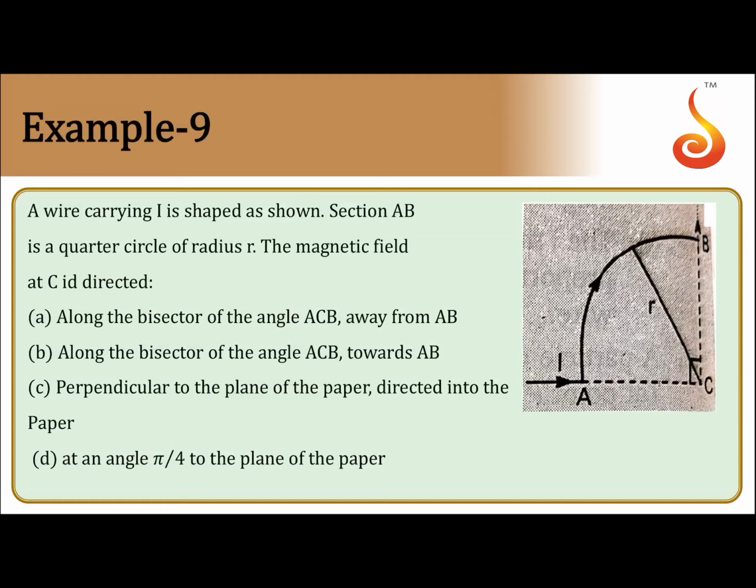This is correct, as against an angle pi by 4 to the plane of the paper. This is as per the rules to find it. So only the third option is correct. We have the right hand thumb rule to find the direction of the field.